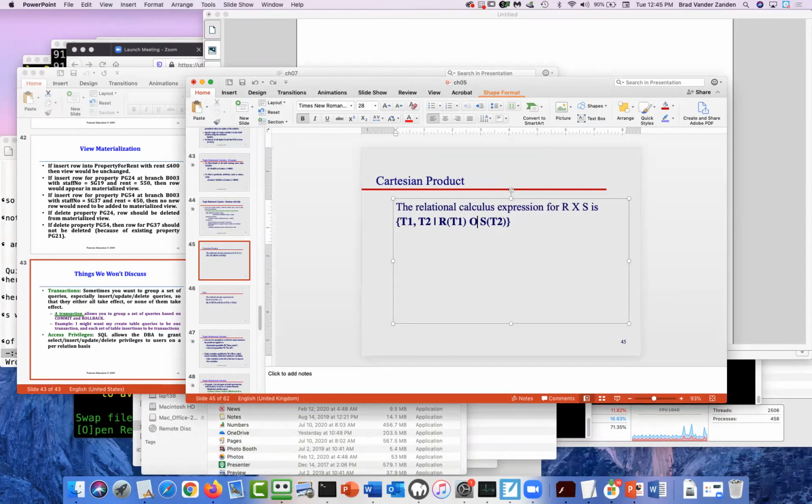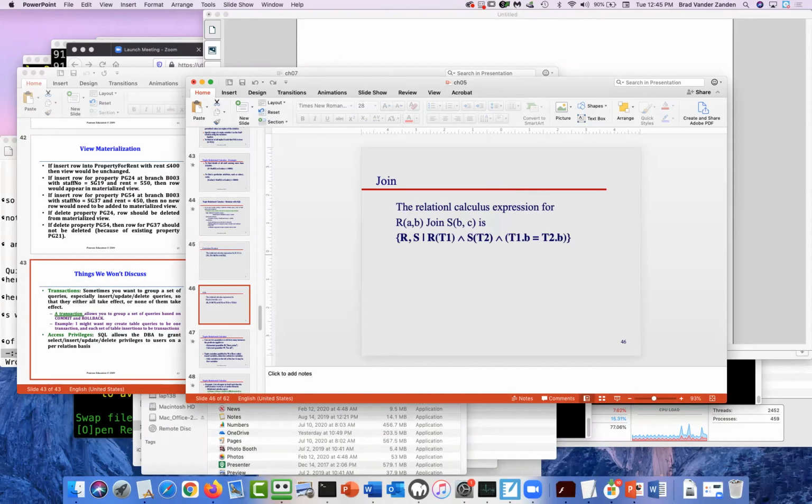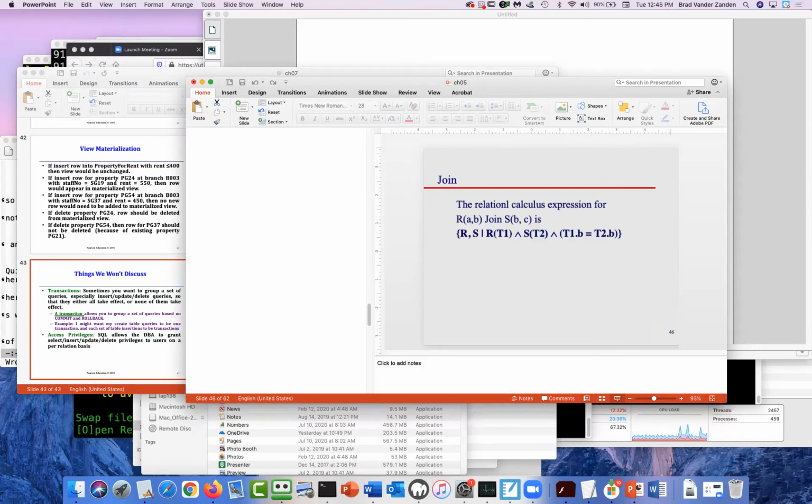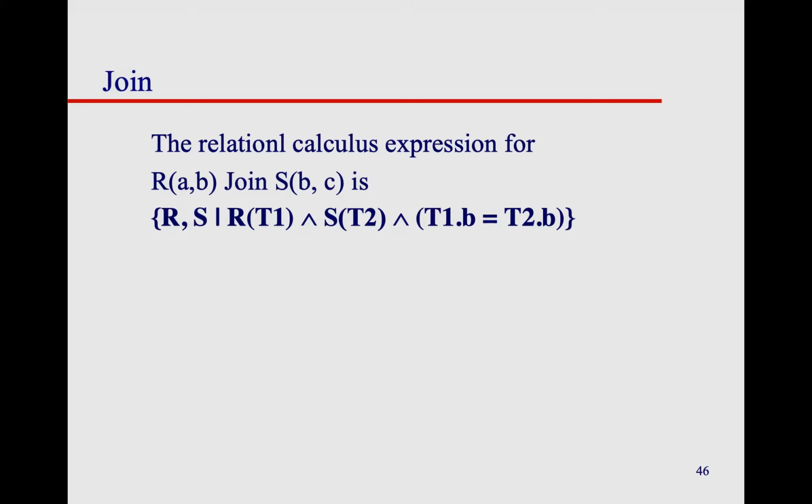Basically, wherever you have a from statement, everything is anded together. So it would be T1 comma T2. T1 is ranging over R, and T2 is ranging over S, and T1 dot B equals T2 dot B. So that would be a join.